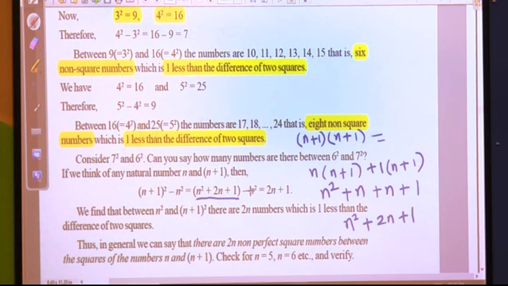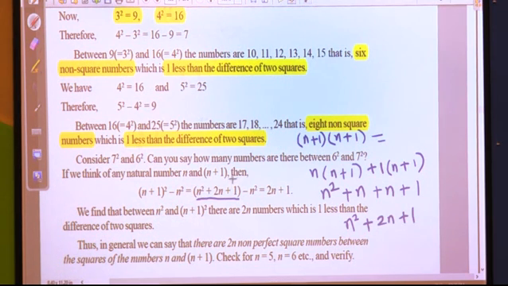N plus 1 bracket square is nothing but the standard identity of a plus b bracket square, or we can multiply in this way, simple thing. Remaining, minus n square as it is. Now, we are going to remove the bracket. If the bracket is removed, what happens? N square plus 2n plus 1 minus n square.